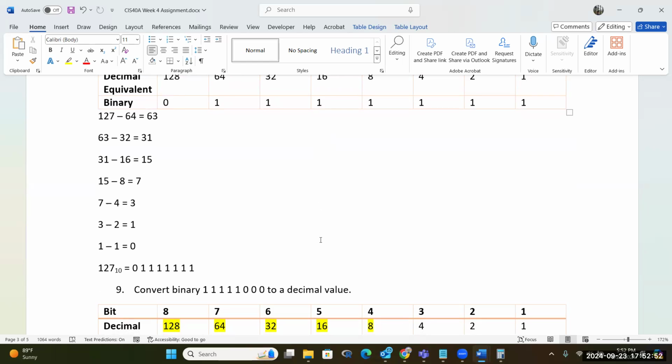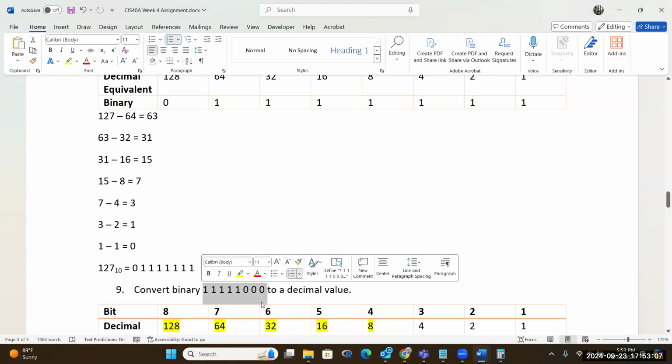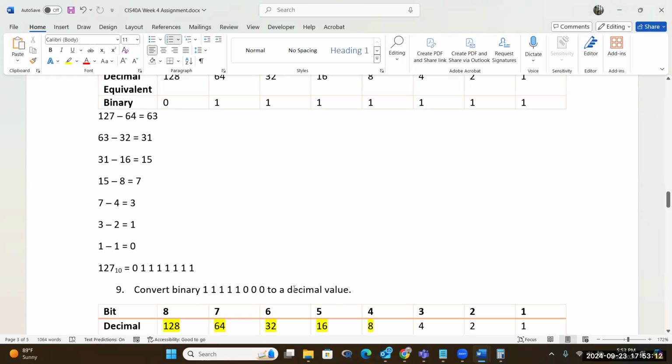Okay, so let's say that you're given a binary value, which is number 9. We have 11111000, and you need to make this into a decimal value, right? Sometimes when you see this, you automatically know it's 0 and 1, so it's binary. But sometimes they put a little small base number, which is a 2.